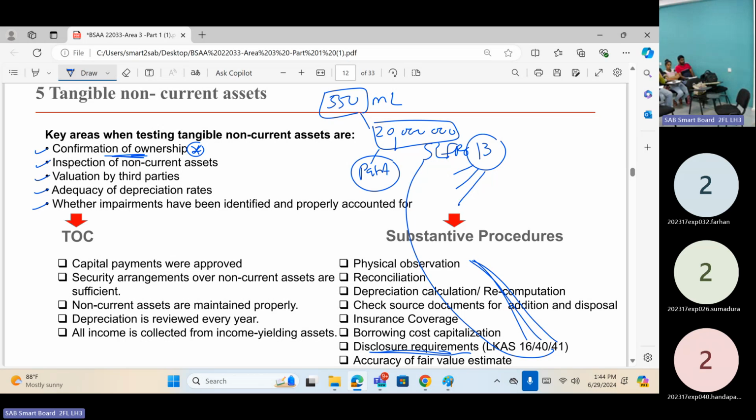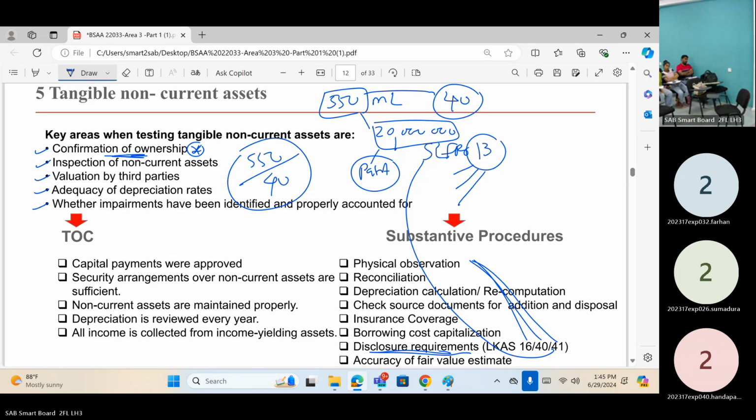20 million costing to fully paint the hotel building. The hotel building's useful lifetime is 40 years. For a normal building, we use 40 or 45 years. If you calculate depreciation by dividing 150 by 40, is that correct?